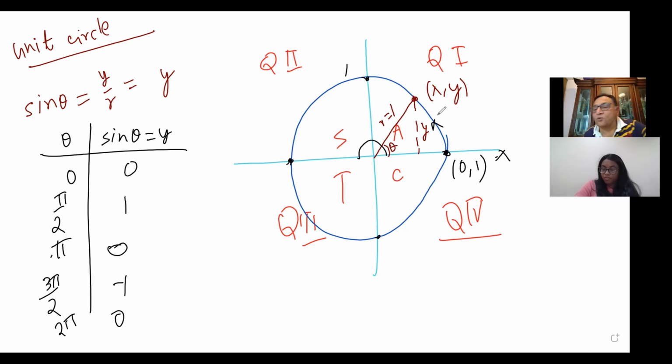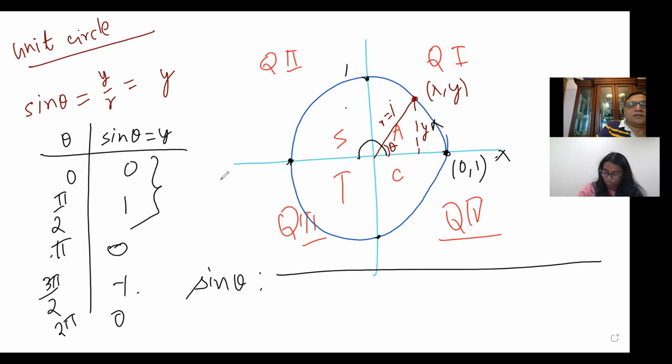So as you move counterclockwise, that is positive rotation, correct? Sine theta is positive in quadrants 1 and 2, as you can see, and then it becomes negative in quadrants 3 and 4, right? So when we talk about sine theta, we talk about the key points, and there are 5 key points.